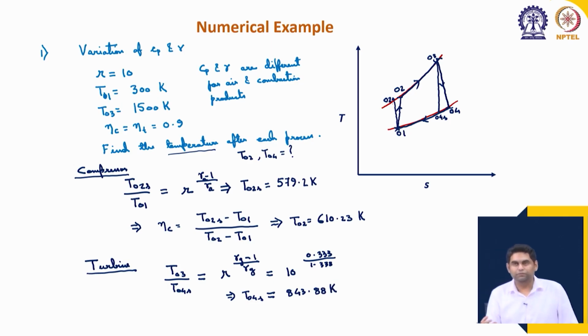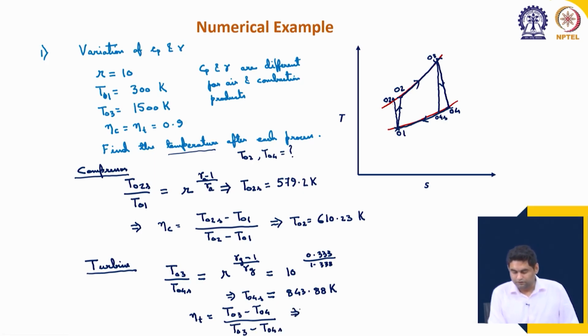Again, I have done the calculations already, so I am directly writing the values. In your case, you should pause and you should try to do the calculations and match the values, verify the values. It can happen that my values may not be correct, your values can be correct, but the procedure is going to be correct. So, now using the definition of isentropic efficiency, which for the turbine remember is T03 minus T04, actual temperature drop by ideal temperature drop, opposite of compressor, T03 minus T04S.